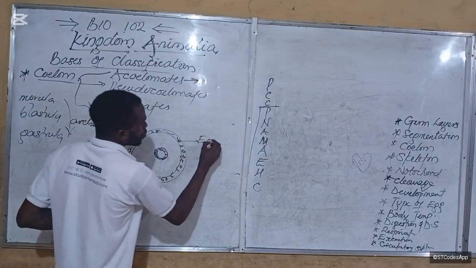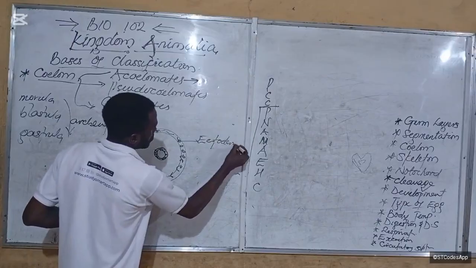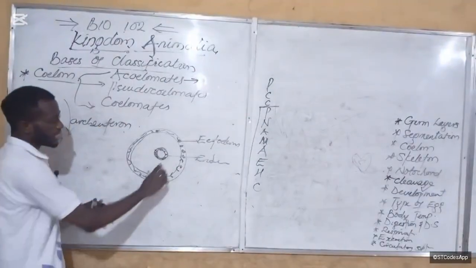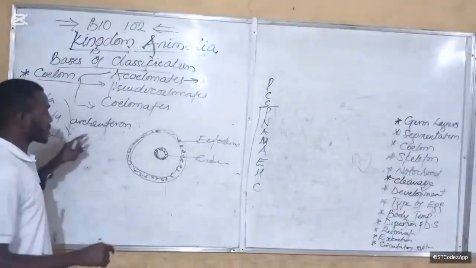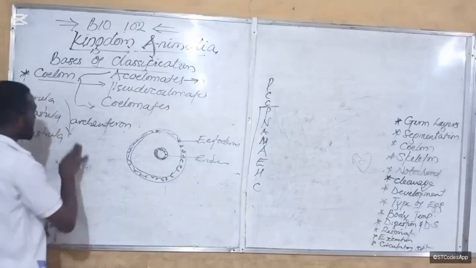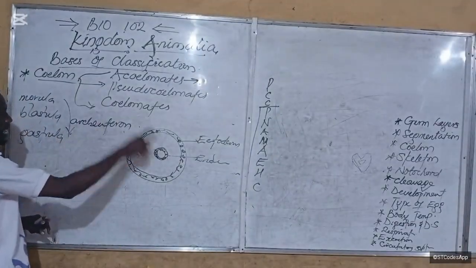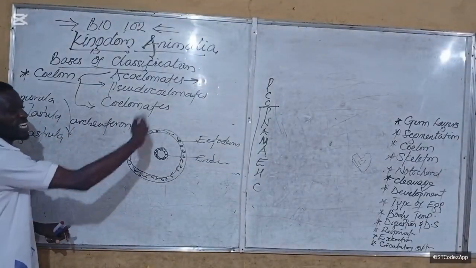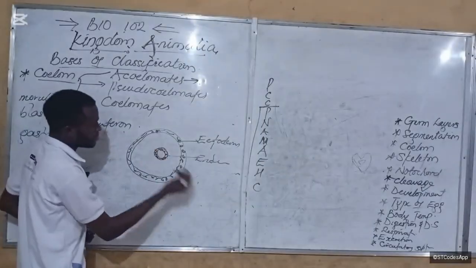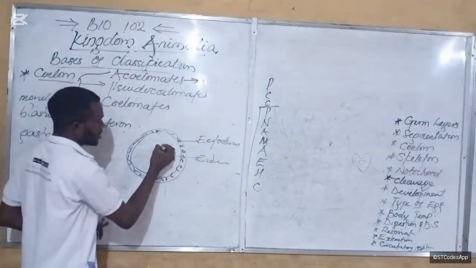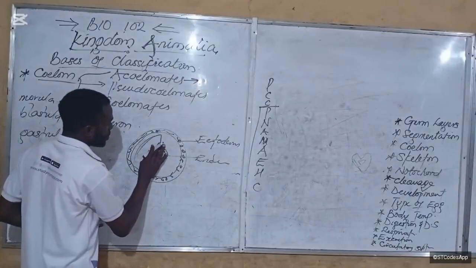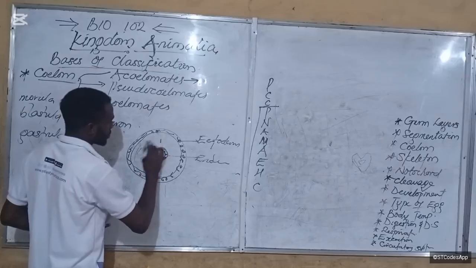Which will form the ectoderm. So this will be the endoderm. Now, if this were a diploblastic organism, this place would be the mesoglea. But there is a mesoderm, because the deuterostome is going to be a triploblast, okay? So there is a mesoderm, and in this case, the mesoderm is going to be lined by a cavity.